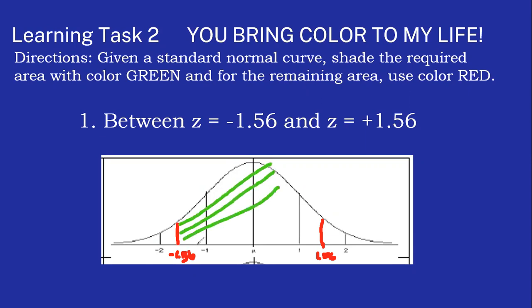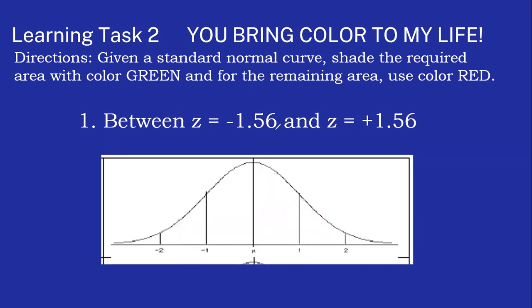So this one will be the green color. Those which are not required should be colored red. These 2 regions, the 2 tails, are the remaining area. So that's how we do the first given task.